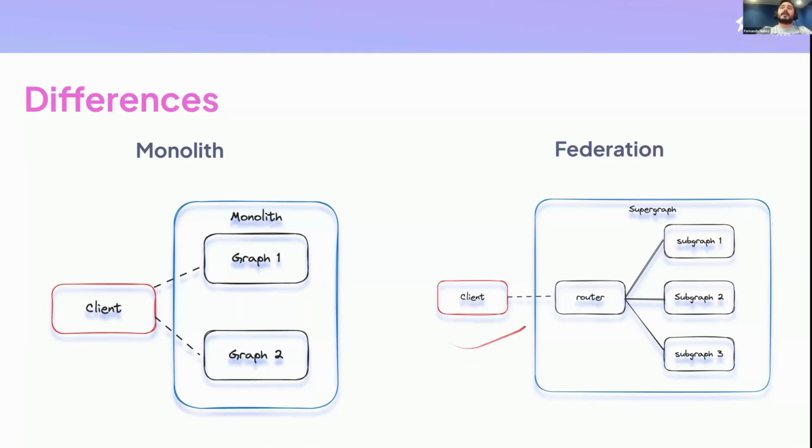It takes all the requests from the client, and with the information we have in the supergraph, generates a query plan where it knows which subgraph needs to be called to gather the information that the client is requesting. After that, the router combines that data and returns a single response to the client with all the information that the client needs and requests.